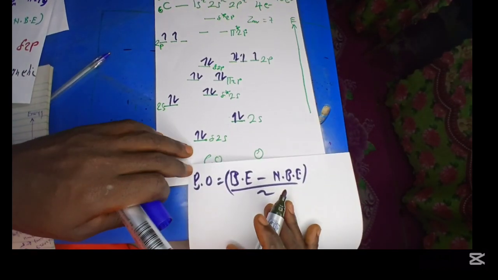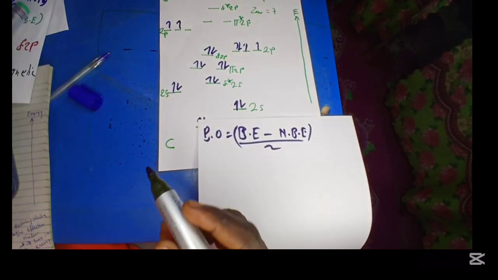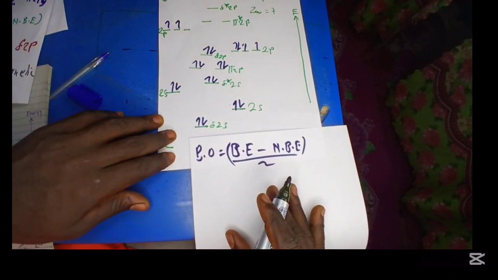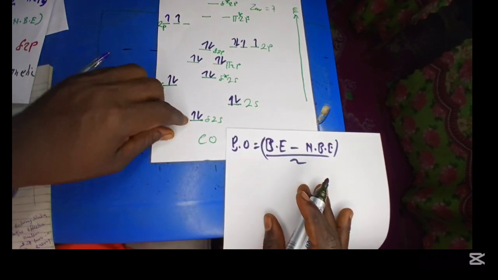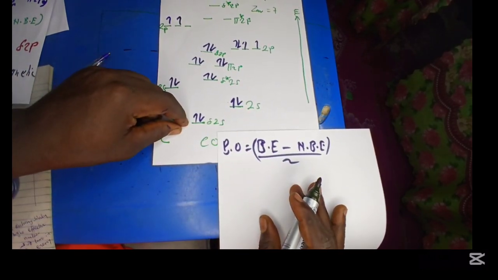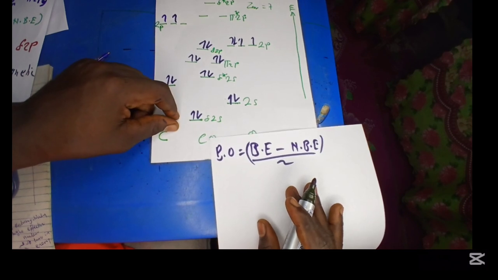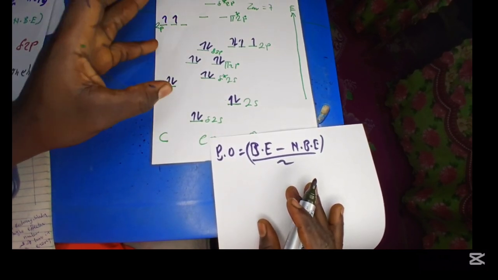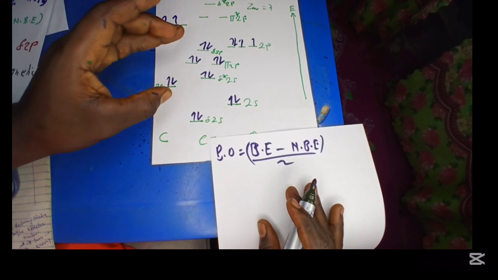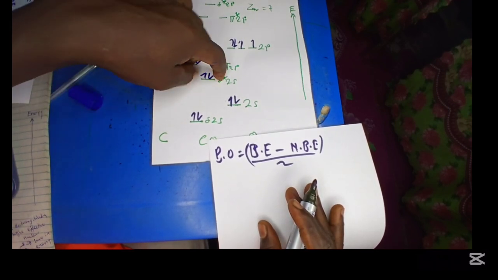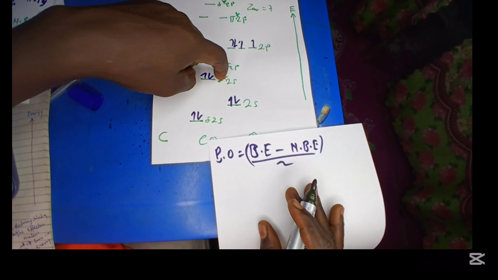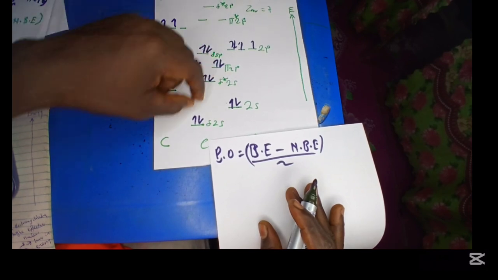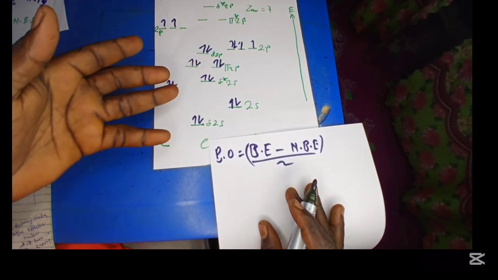So how many bonding electrons and how many anti-bonding electrons do we have here? Those orbitals with an asterisk contain the anti-bonding electrons and the rest contain the bonding electrons.